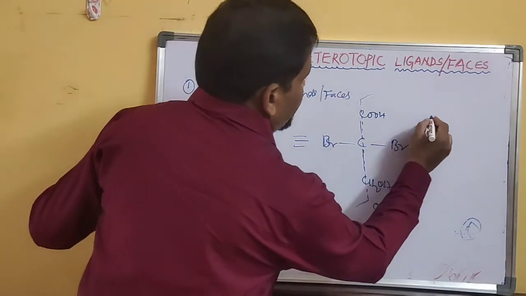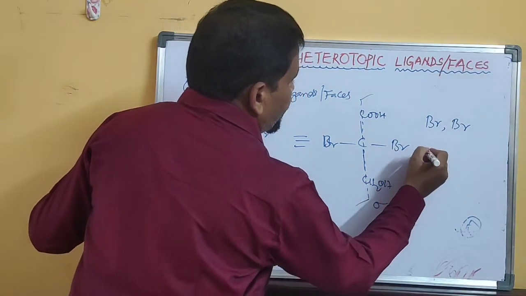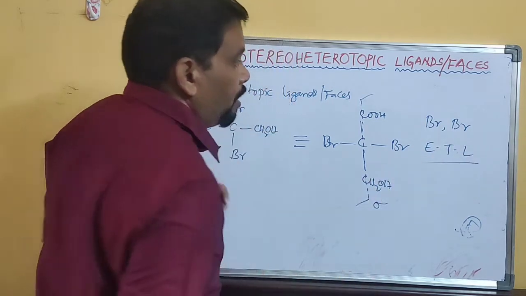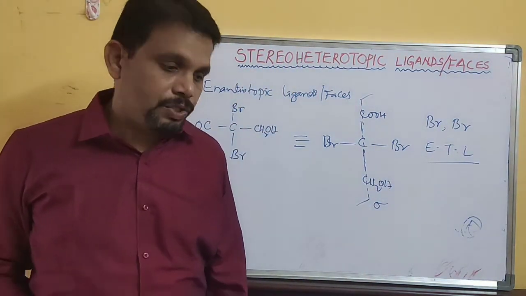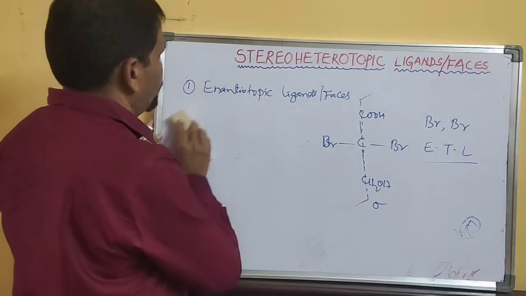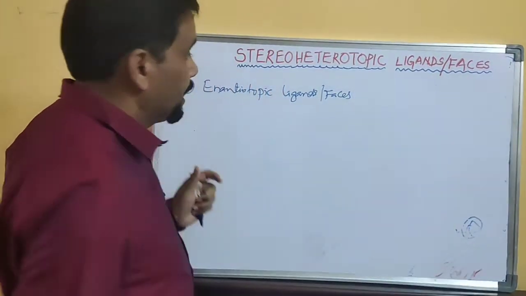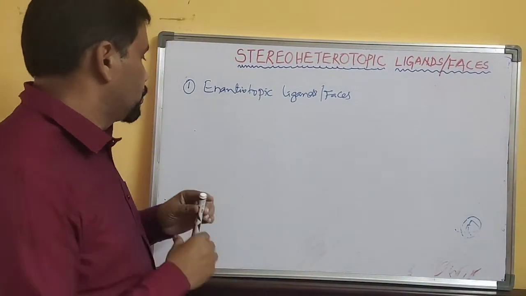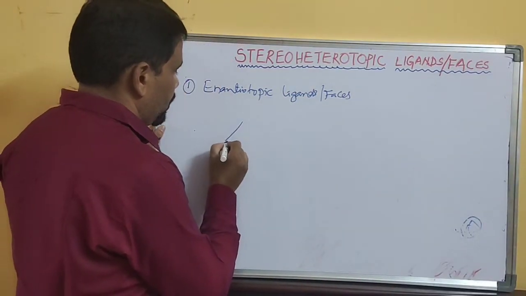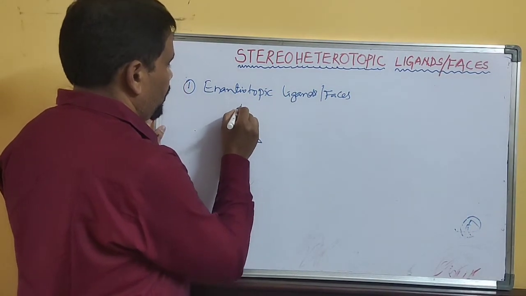These two bromine atoms or groups or ligands can be called enantiotopic ligands. Okay, so this is another example you need to understand and you need to practice to learn about enantiotopic ligands. So I will give one cyclic compound example.